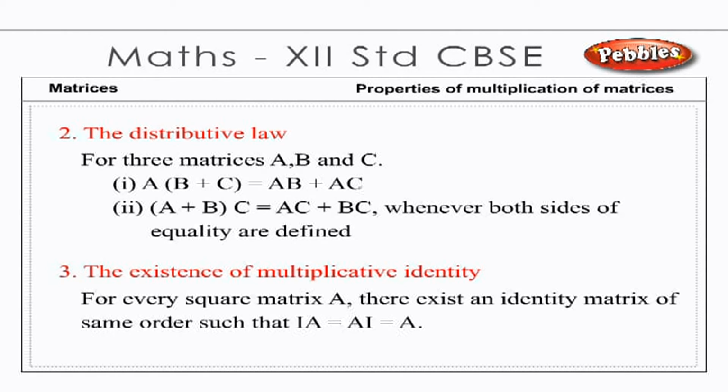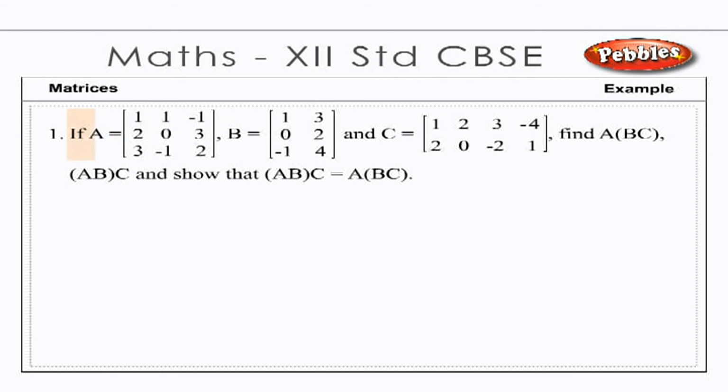If matrices A, B and C are given as shown, find A(BC), (AB)C and show that (AB)C is equal to A(BC). Solution.